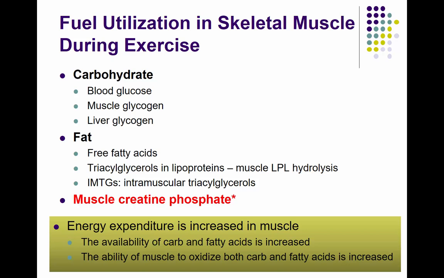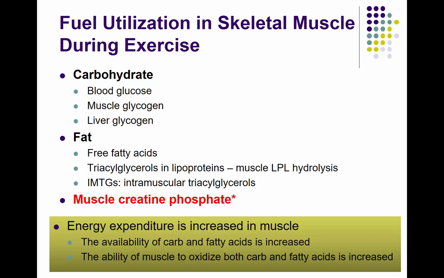That makes sense, okay? So carbohydrate can include blood glucose that can be from diet and can also be from glycogen breakdown. And muscle glycogen and liver glycogen are also important sources of glucose for muscle use during exercise. I put the muscle glycogen before liver glycogen because muscle glycogen is more important for exercising muscle compared to liver glycogen.